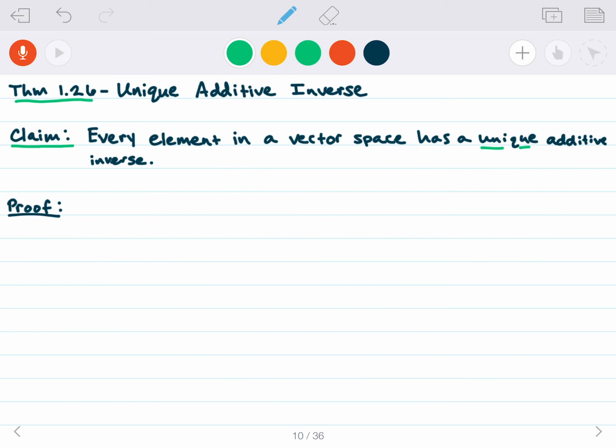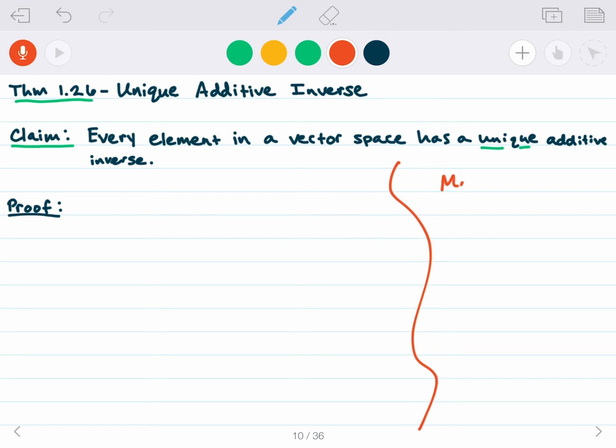All right, so this is theorem 1.26, unique additive inverse. This is pretty similar to the previous theorem. And the claim is that every element in a vector space has a unique additive inverse. So we're going to take a similar approach to the previous proof. And it might be tempting to do this.